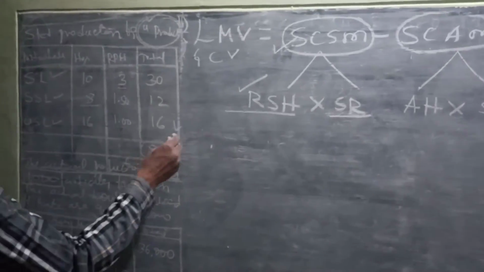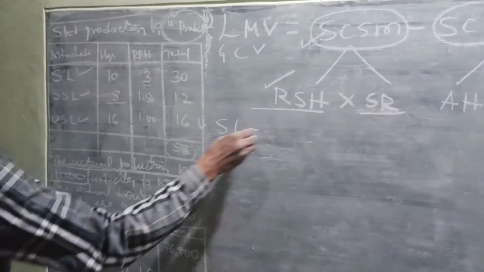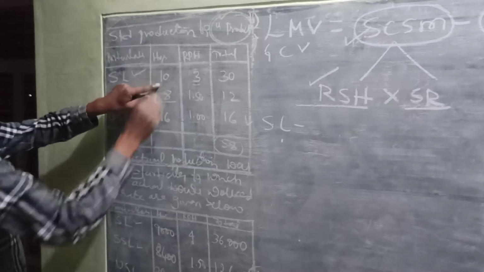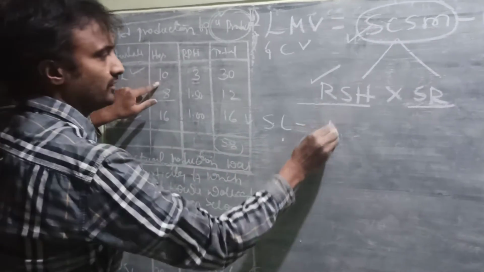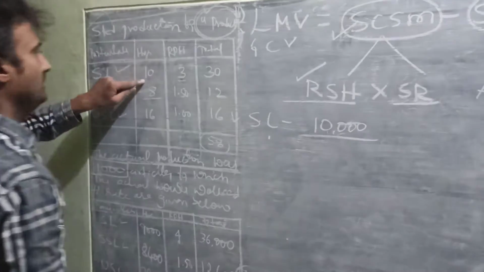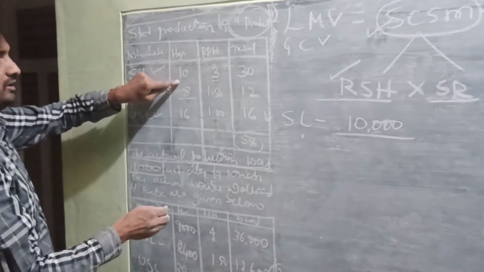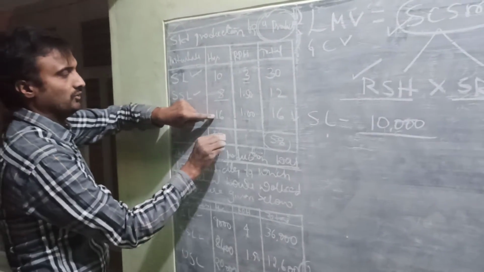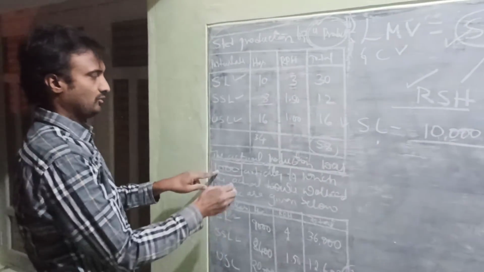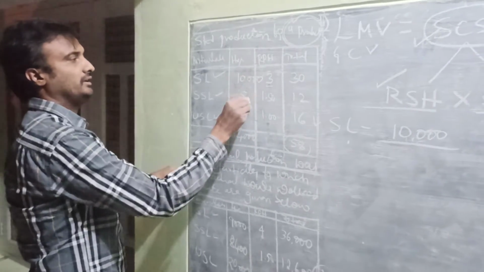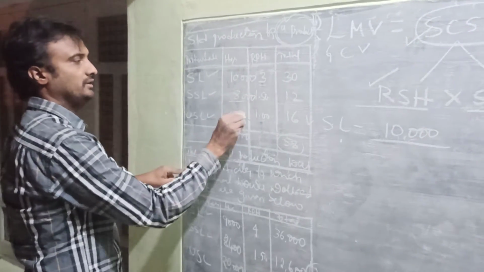See here, for skilled laborer, the total hours he has taken is 10 for 1,000, means 10,000 hours, for production of how many hours? 10 plus 8 plus 16, 34. 34 means 34,000. Here 10,000, 8,000 and 16,000.